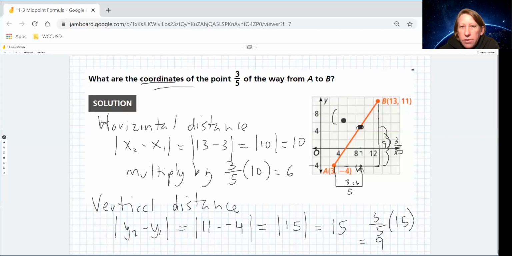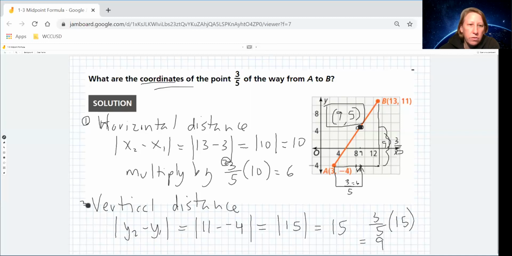And the answer to this problem is that 3 plus 6 is 9, and -4 plus 9 is 5. That's the answer to this problem. Woo, that's a fun problem. Lots to do in that problem. First, you find the horizontal distance, and then you multiply it by whatever you're trying to do.